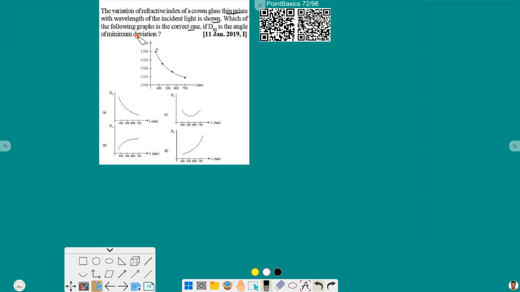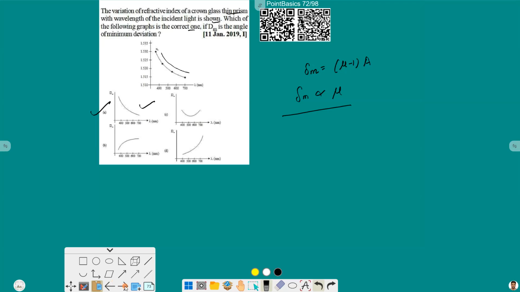So we know for a thin glass prism, we have angle of minimum deviation delta m is proportional to mu minus 1 into A. Now, as mentioned here, refractive index is decreasing, and we know that delta m will be proportional to mu from this relation. So if refractive index is decreasing, then delta m will follow the same path. So option A will fit in the curve, so option A will be the right answer.